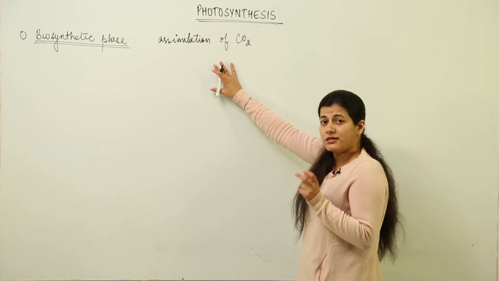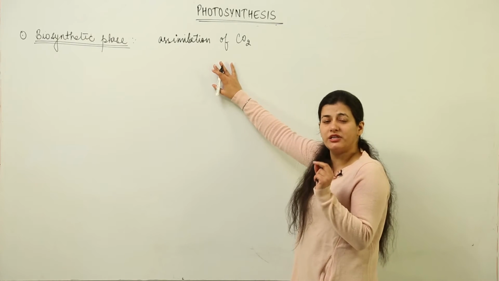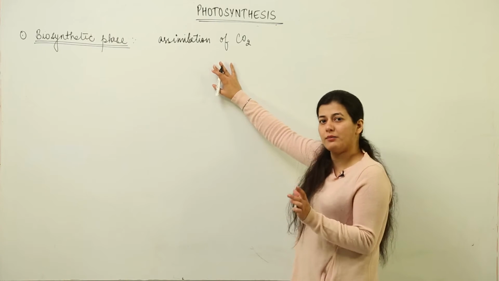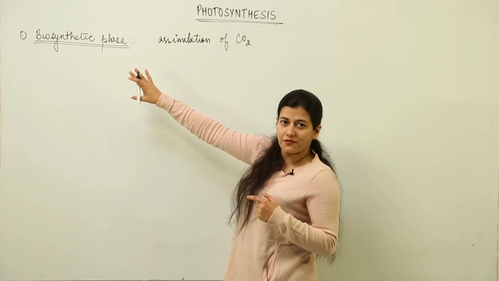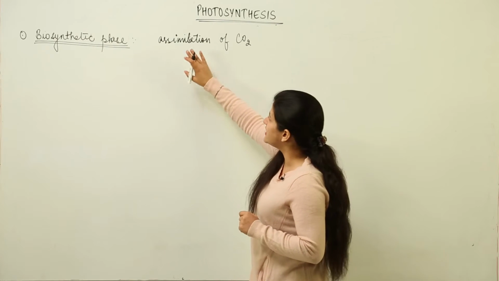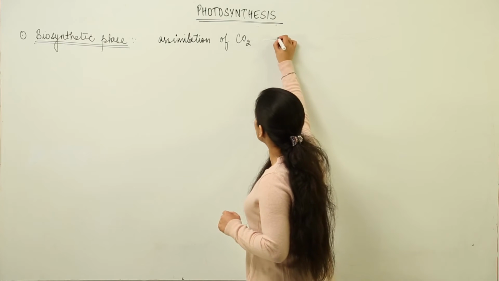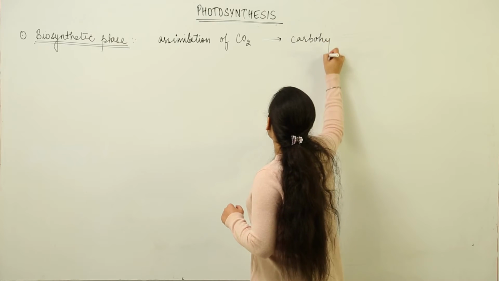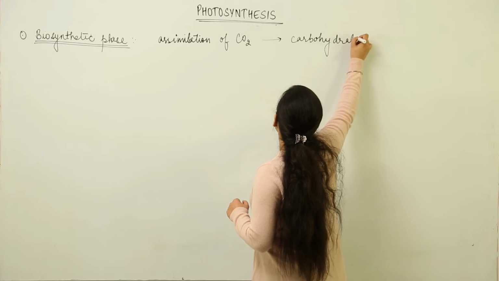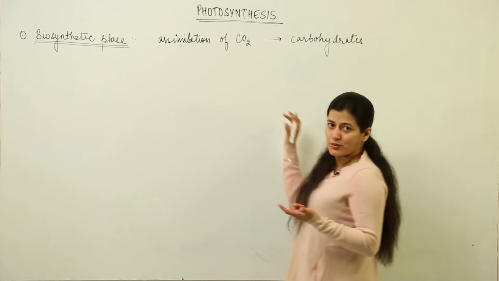It is the CO2 which ultimately gets reduced to form the carbohydrate glucose. That was the outcome. Now the biosynthetic phase is the phase of photosynthesis that deals with the assimilation of CO2 to carbohydrates.